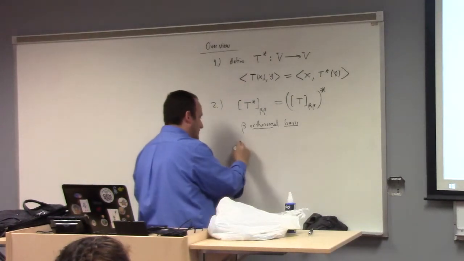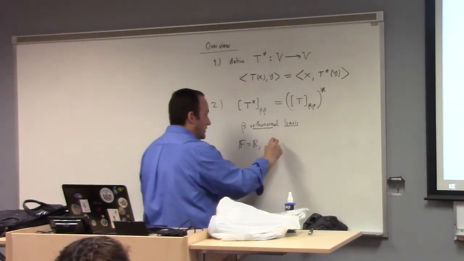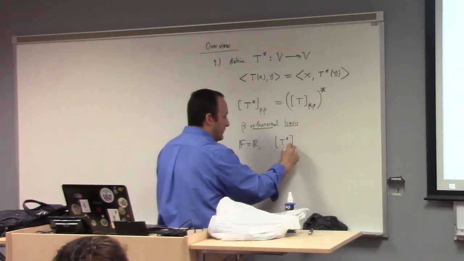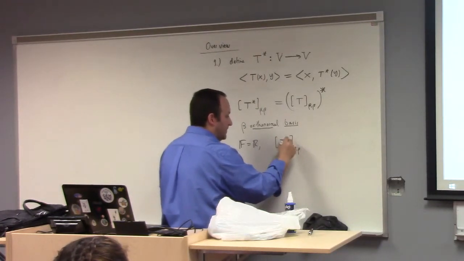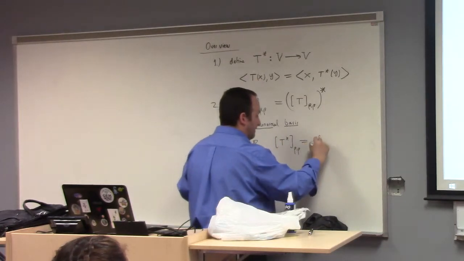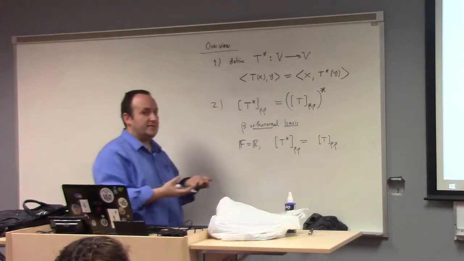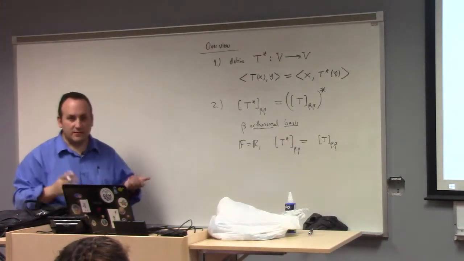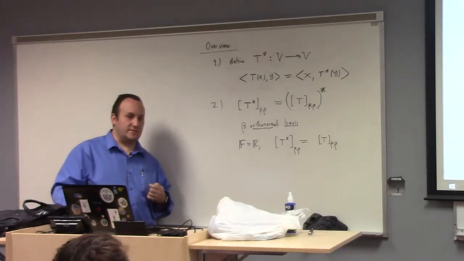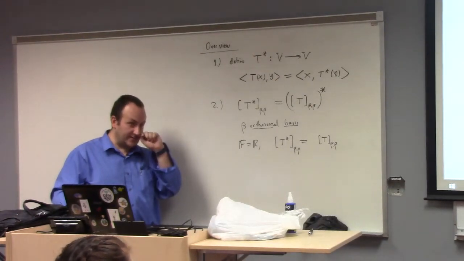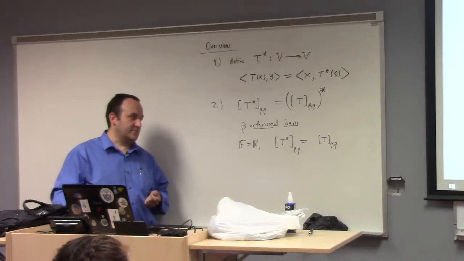In the case where the field is the reals, what does the star reduce to? If the complex conjugate does nothing, then the star, which is also known as the Hermitian adjoint, or just the adjoint of the matrix, is just transposition.